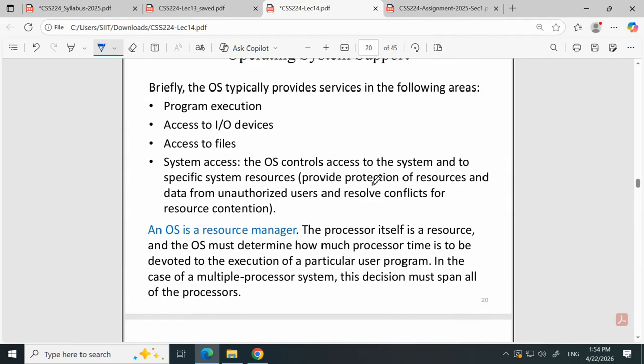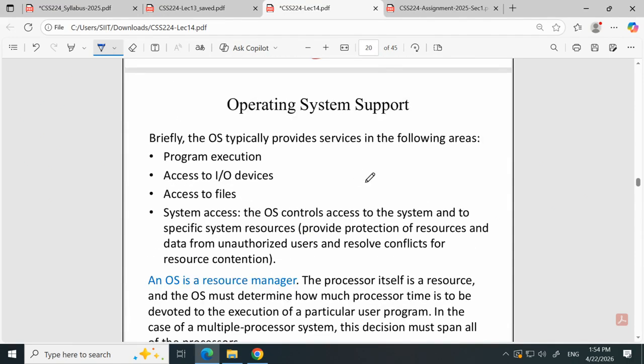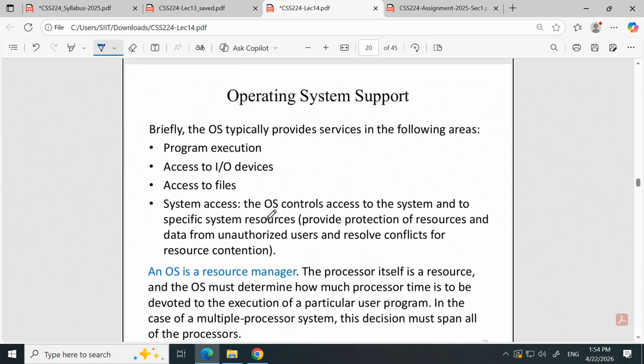So this is a summary. Your operating system typically provides these services. Execute your programs, your software applications. Take care of input, output devices. Files, any formats. System access.